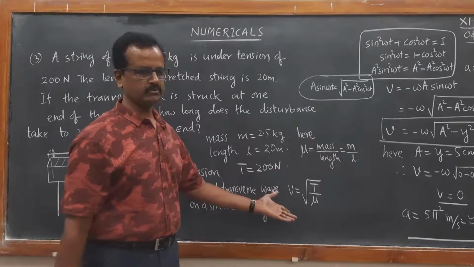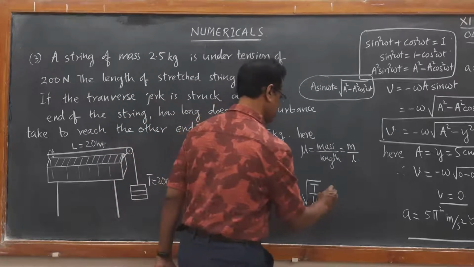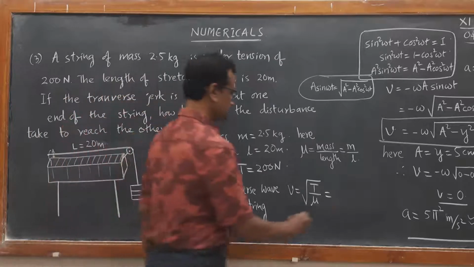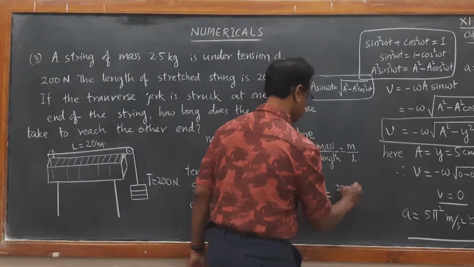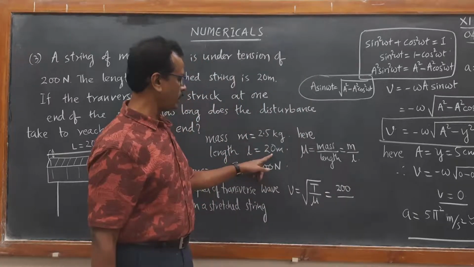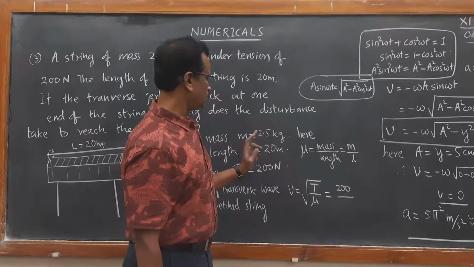We have solved such problems earlier also, right? Just substitute the value. Tension 200 divided by what is mass per unit length? You can see here 20 is the length and mass is 2.5.